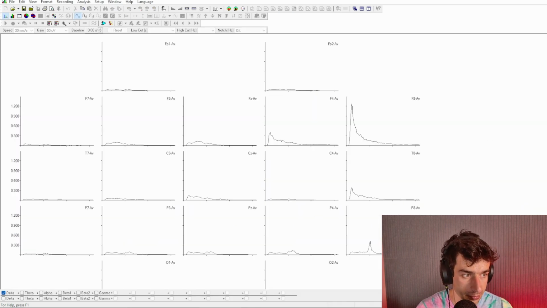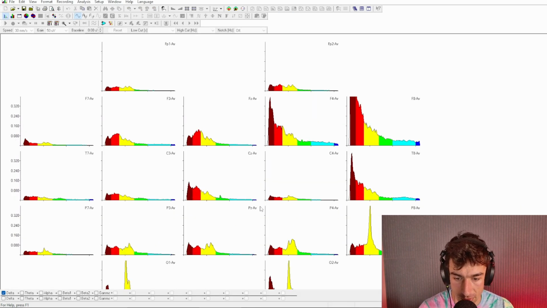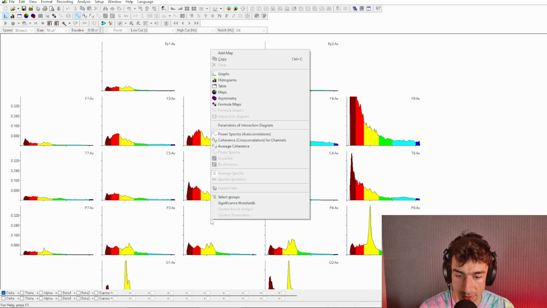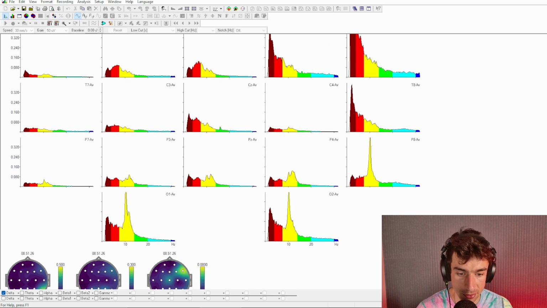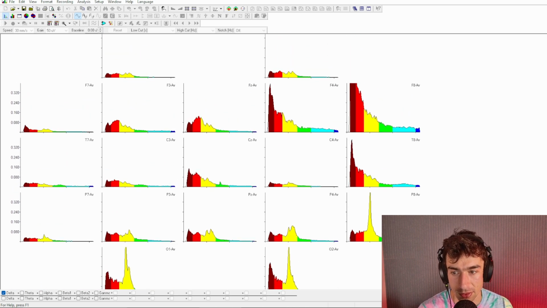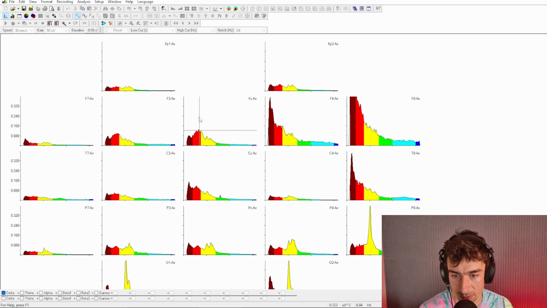All right. So here we go. Having this faster peak likely associated with overarousal or anxiety, if that's something that this person is struggling with.